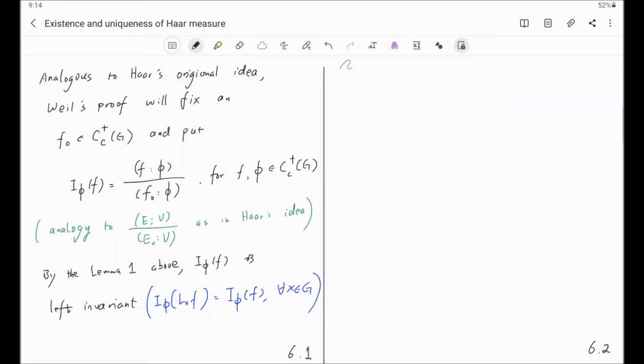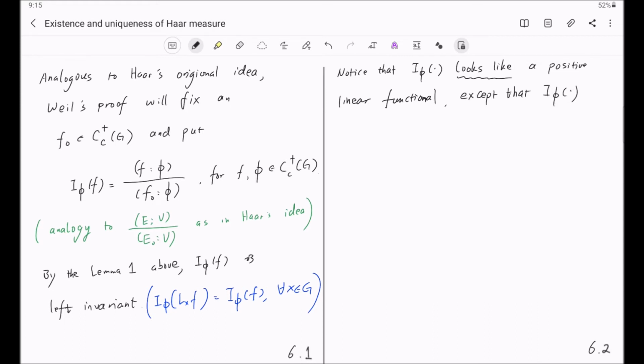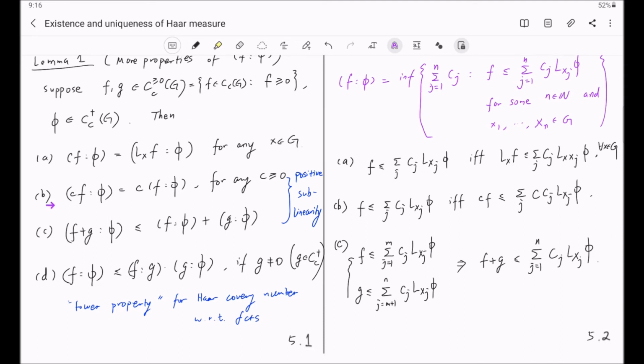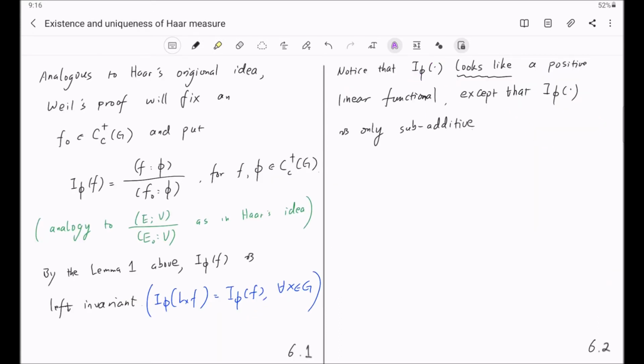And we notice that I sub phi looks like a positive linear functional, except that this I sub phi is only subadditive. Remember, this is again by our lemma 1. The properties B and C will correspond to the subadditivity of I sub phi.